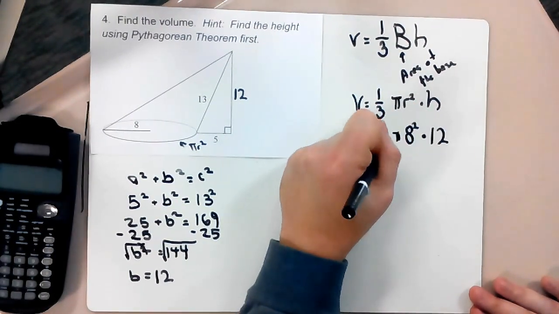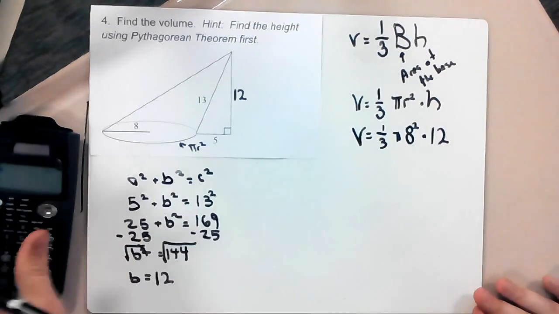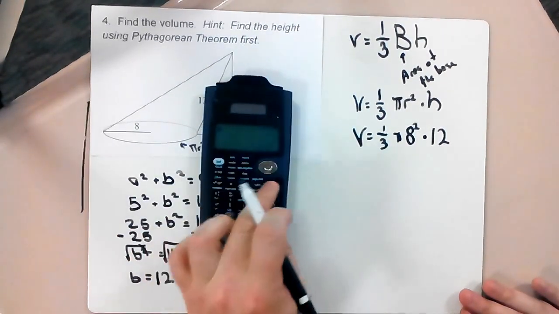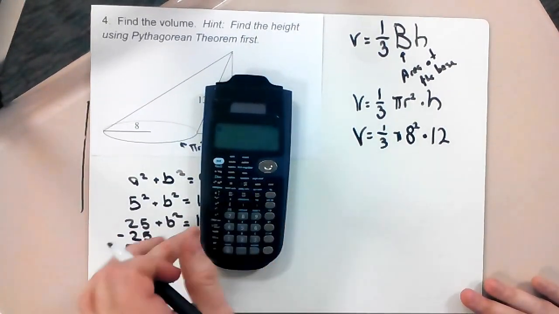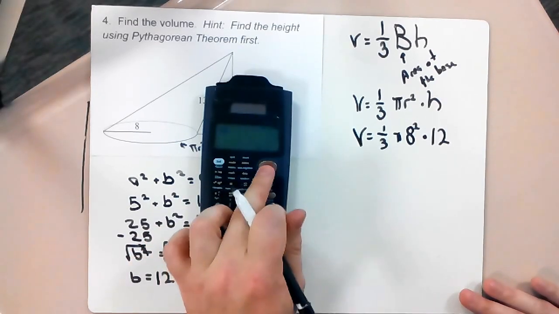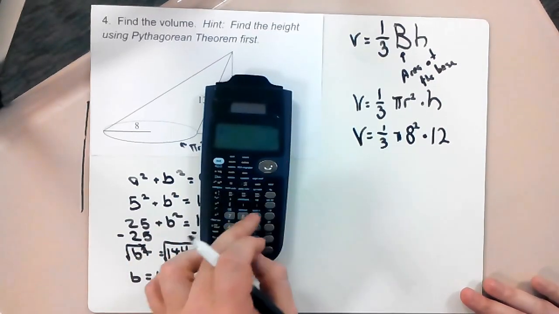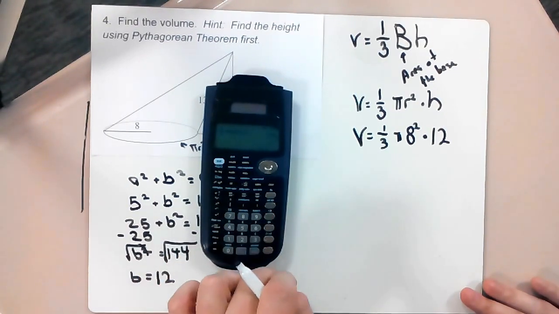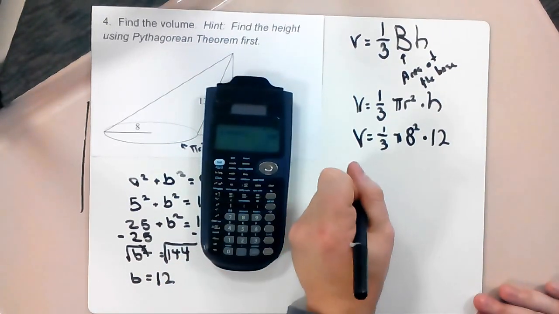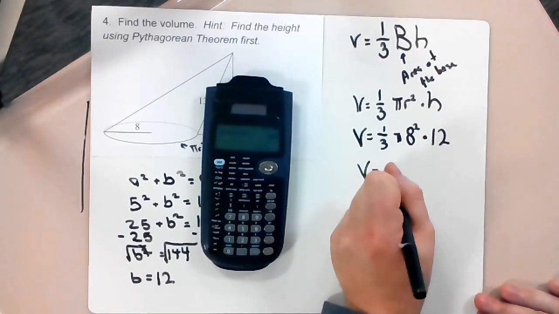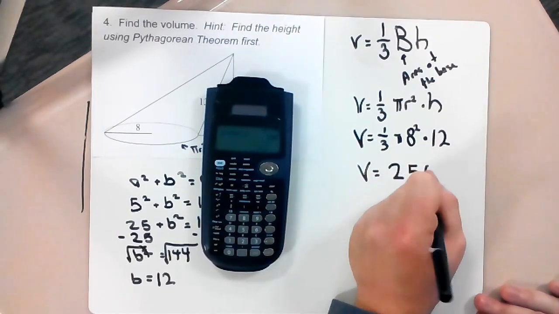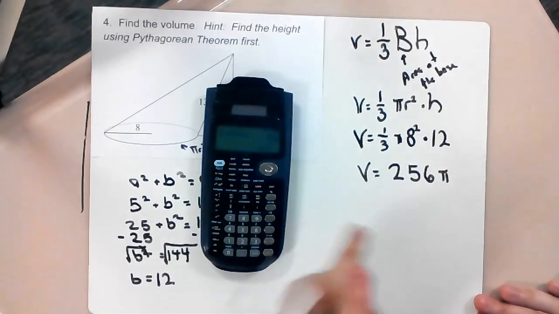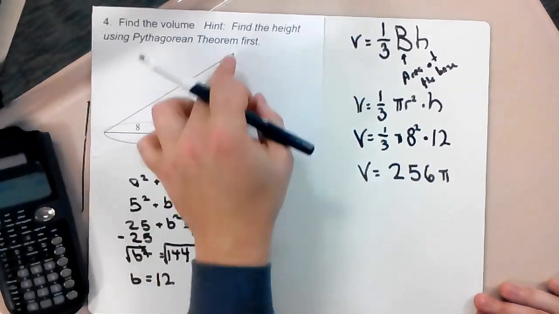Just like I've mentioned in previous videos, pi can just come along for the ride. So I'm going to plug into my calculator 1/3 times 64 times 12. And let's see if I got a whole number. Ooh, V equals 256 pi. That is the volume of this shape.